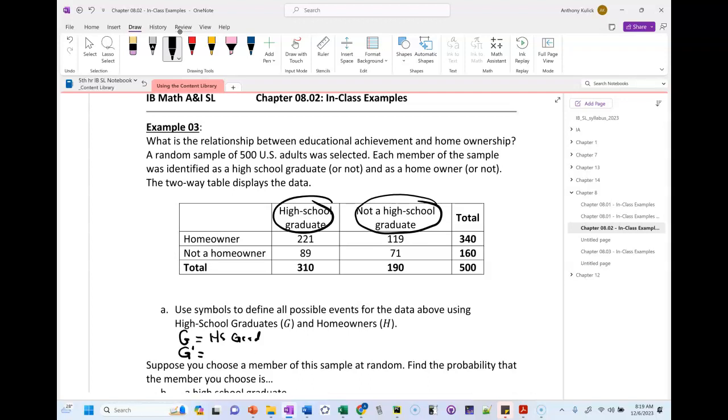Yeah, the apostrophe is our symbol for the complement. And then we should do this one. Homeowner is going to be H, and then not homeowner should be H prime, yeah.